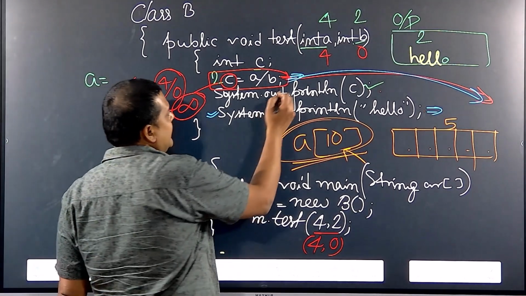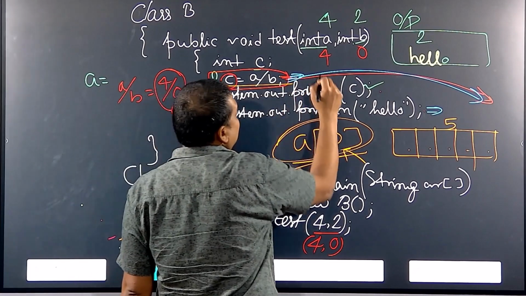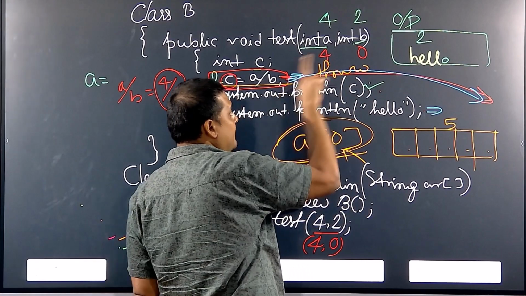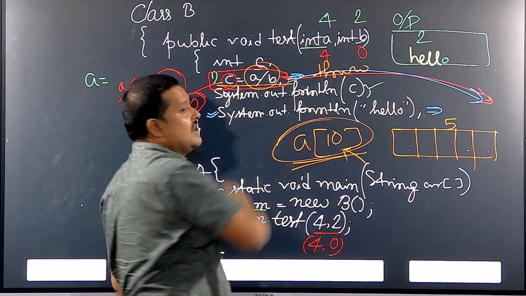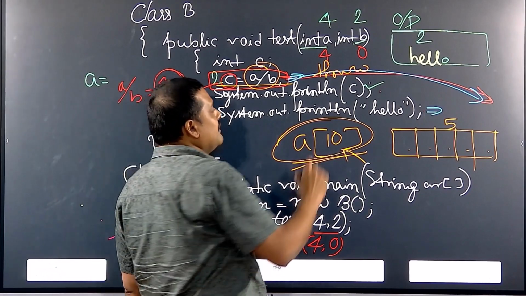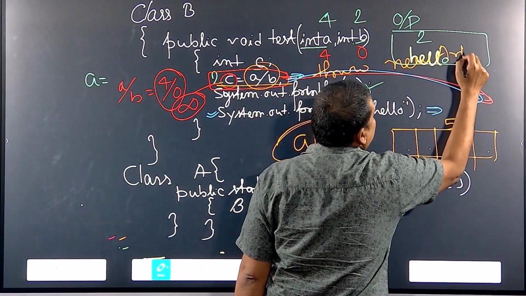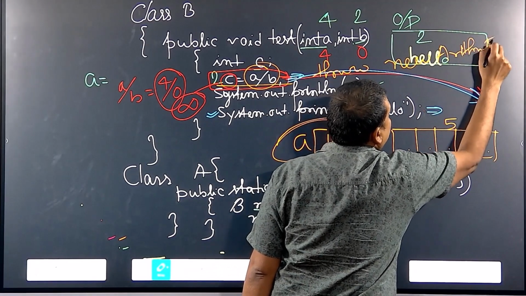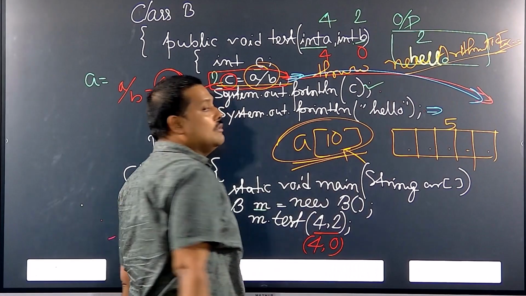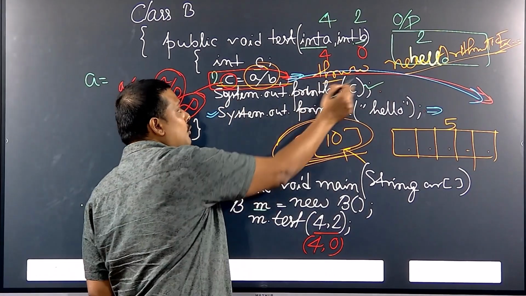When the exception occurs at this point, it will throw an object of the exception class defined for this type of exception, called arithmetic exception: throw new arithmetic exception. Who will do this?